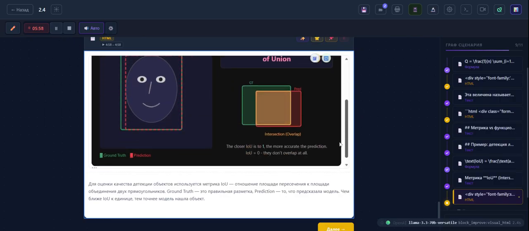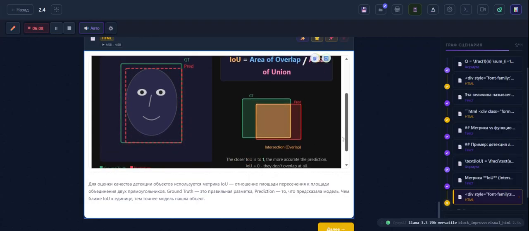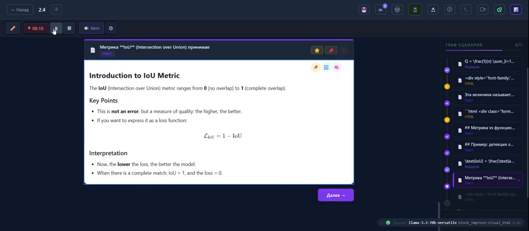So if intersection over union is 0, they don't have overlap at all. Intersection over union metric ranges from 0 to 1. This is not an error but a measure of quality. The higher the better.